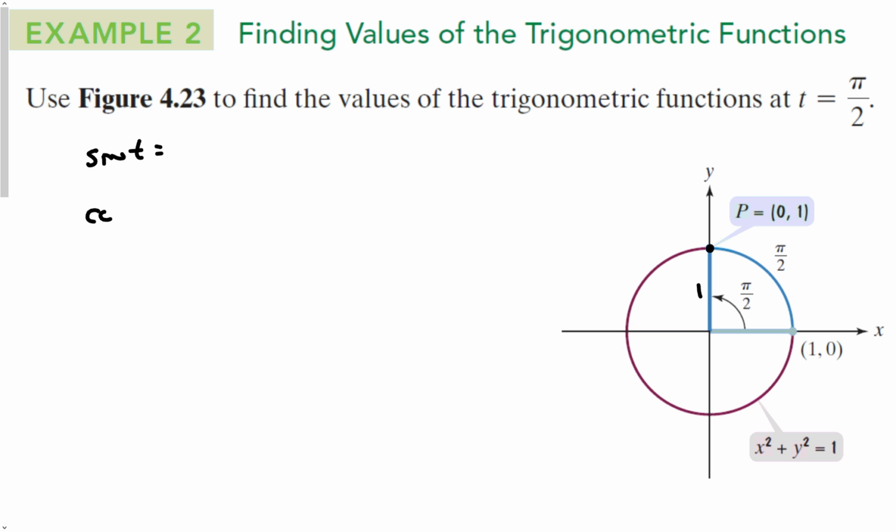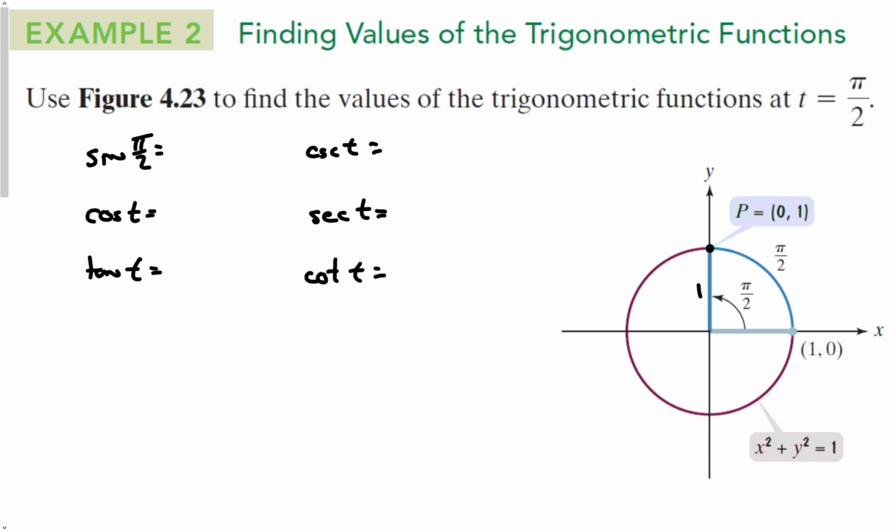Okay, so sine, cosine, tangent, cosecant, secant, and cotangent of t. In this case, t was pi over 2, so I could have actually put the sine of pi over 2, and I should have put that, but I don't want to erase them all.